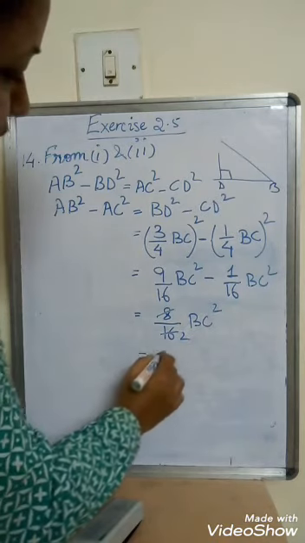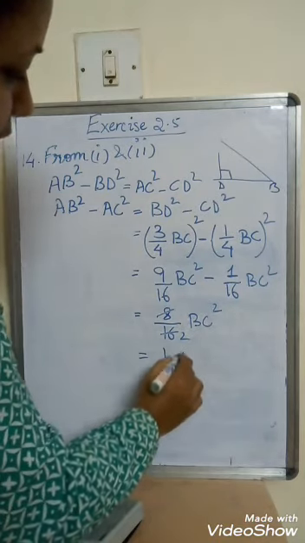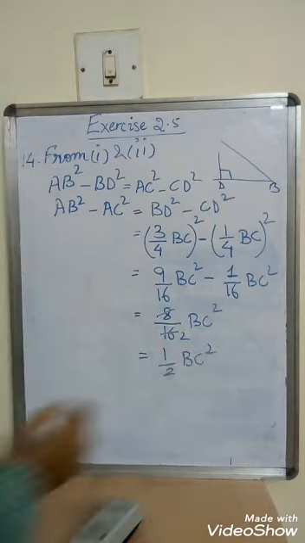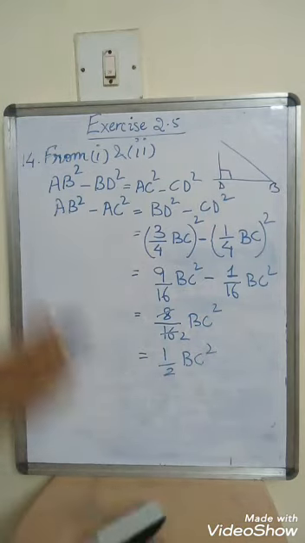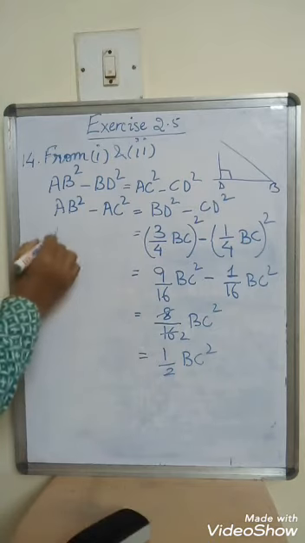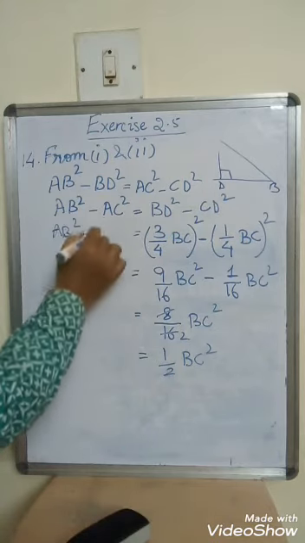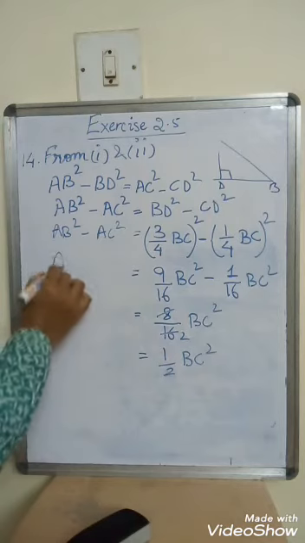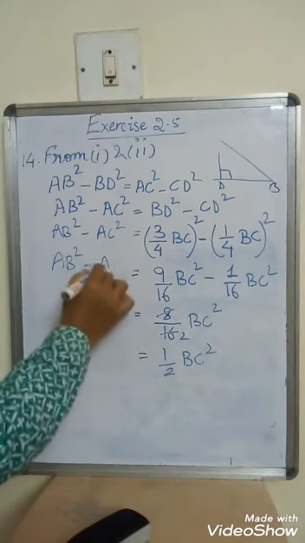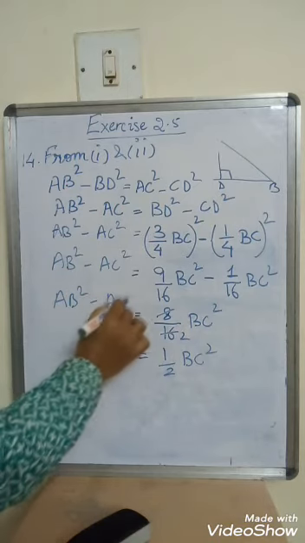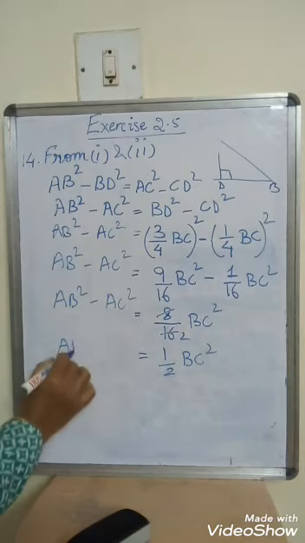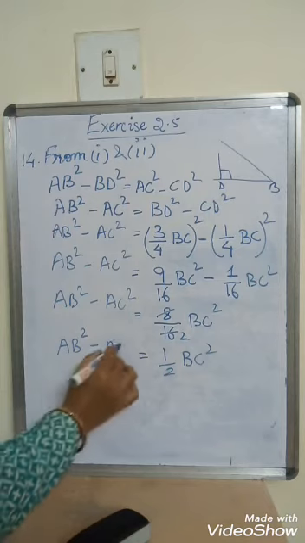We got 1 by 2 BC square. Right? So after getting 1 by 2 BC square, now what do I have here? Here I had AB square minus AC square, right?